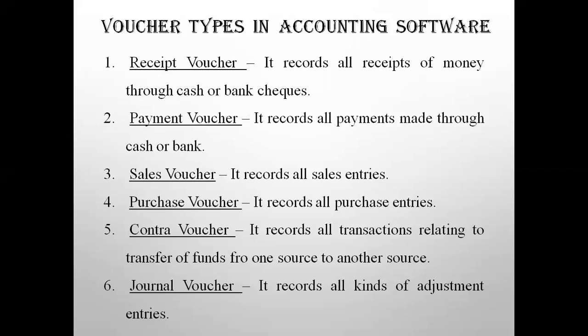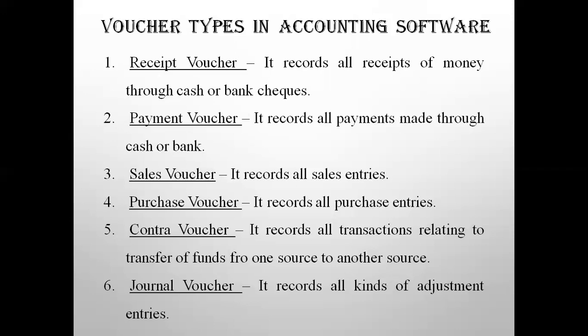Journal voucher. It records all kinds of adjustment entries. It's an important voucher for all adjustment entries. Credit purchases or credit sales, which you put in the sales or purchase voucher, you can enter here also. Purchase of fixed asset entries, or entries which are not made by other accounting vouchers, are made by this voucher.